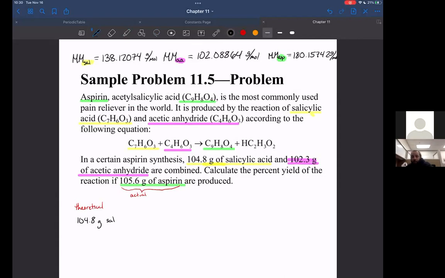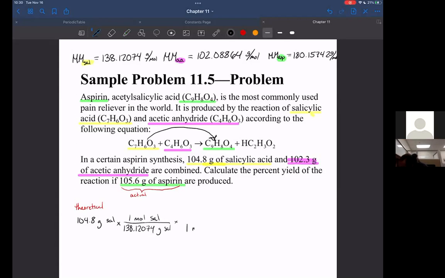Again, when in doubt, go to moles. So I'm going to use the 138 point, which will take me to 1 mole of salicylic acid. Now I'm going to use my balanced chemical equation to jump from the amount of salicylic acid to the amount of aspirin, how much product is generated.